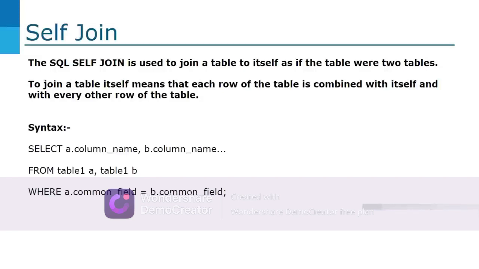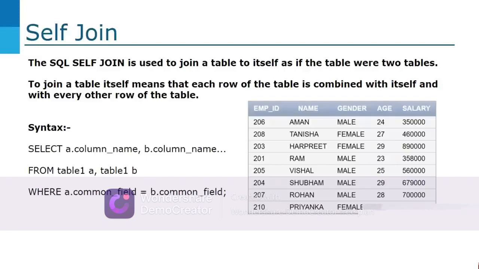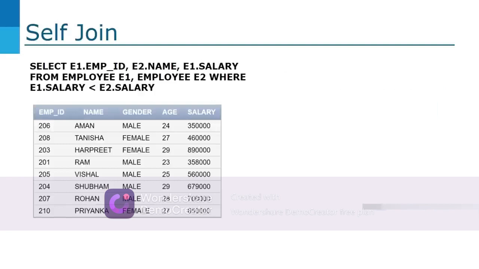The condition is that the common field should be matching. Here we have this particular table: emp ID, name, gender, age, and salary. Just have a look at what is present in this table, because we are going to use the self join on this table. Self joining means that whatever code we write, two tables are created.